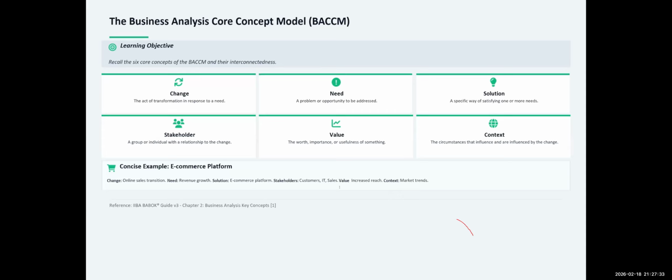Finally, setting context, right, is also very important. Backlog helps you understand how you can implement things in context, right? The circumstances that influence or are influenced by change. So that you can deploy 2 things, right?